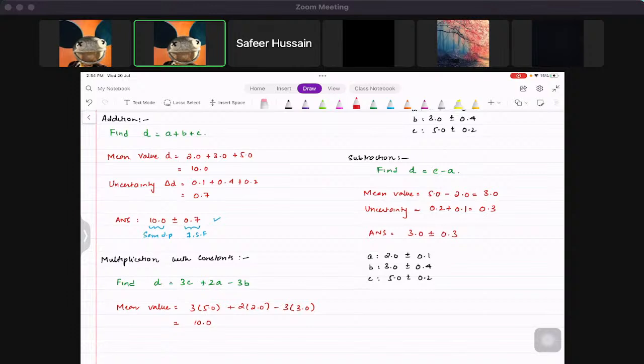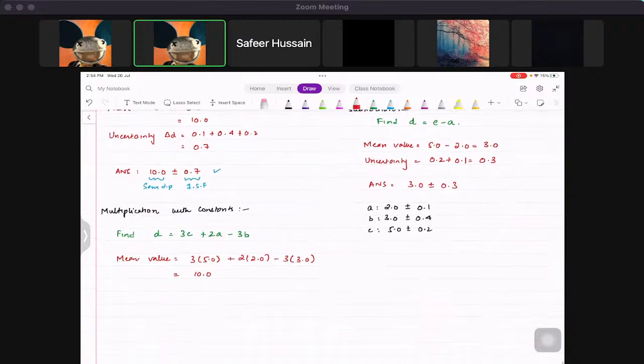What you do next is that when you're finding uncertainty, we multiply 3 with 0.2, add with 2 times 0.1, add with 3 times 0.4. So you always add it. So this will come out to be 2.0.